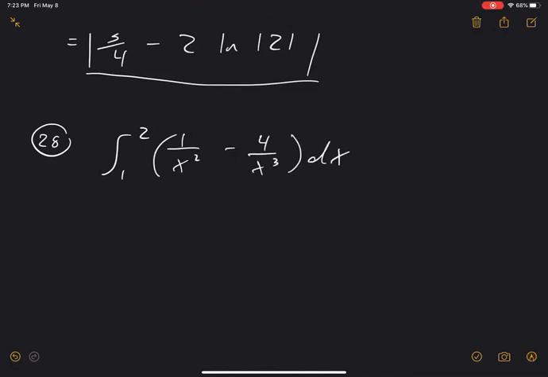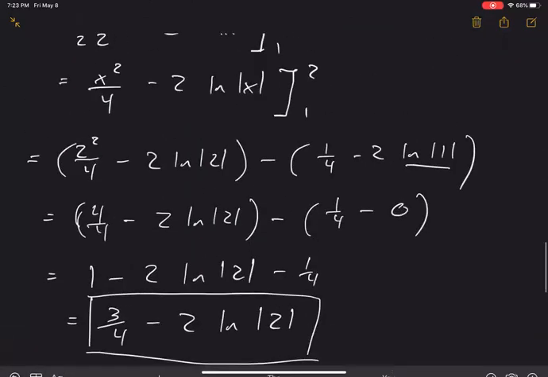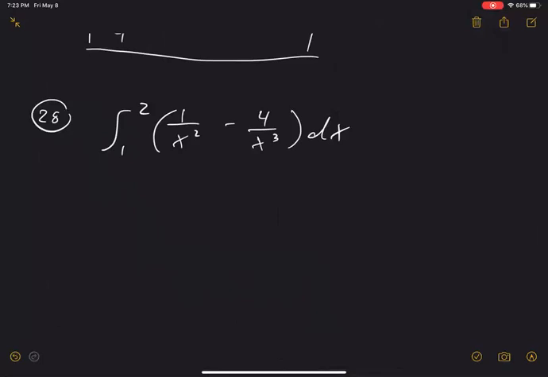Doing this term by term, the antiderivative of 1 over x squared, well, 1 over x squared is x to the negative 2. Let's just rewrite our integral in this form. My integral is equivalent to this integral. And now maybe it's clear how I integrate this. Power rule.